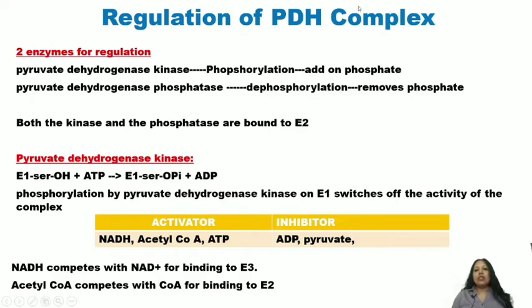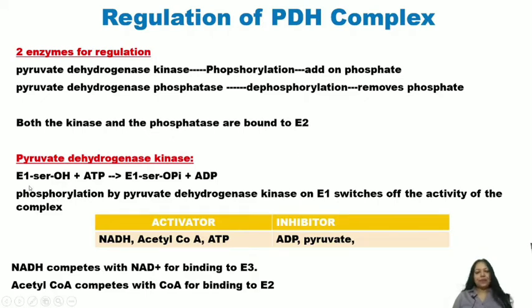So the most committed enzyme of the overall cellular respiration is regulated by just 2 enzymes, the kinases and the phosphatases. The point to be noted here is that both these enzymes are bound to the E2 subunit of the PDH complex.